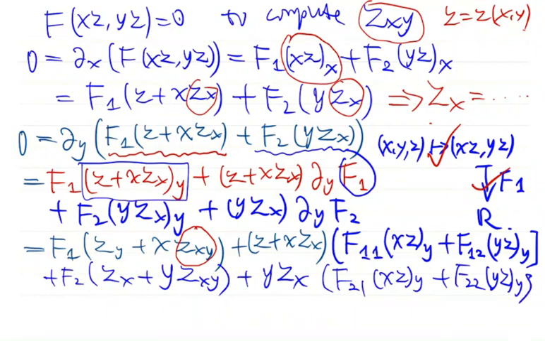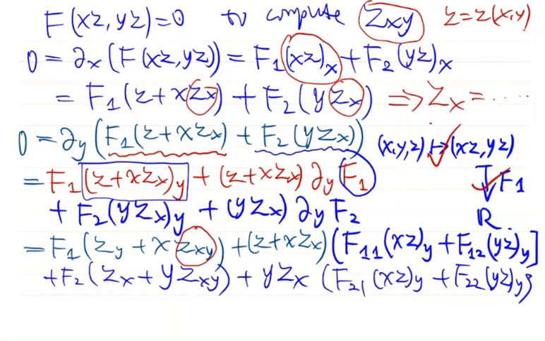We don't need to compute. We simply copy the previous computation here and replace the first subindex of f. We have f11, we replace the first one by 2, and f12, we replace the first one by 2. So we get this result. You don't need to compute. You simply copy and modify the index. This is the trick to speed up your computation.